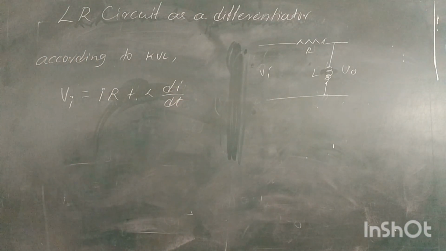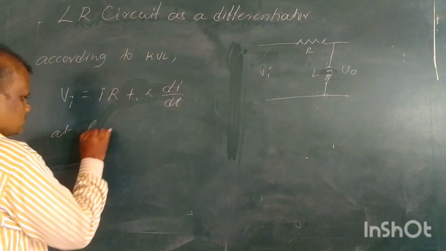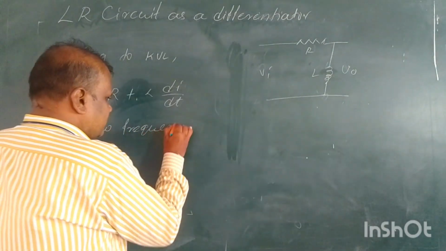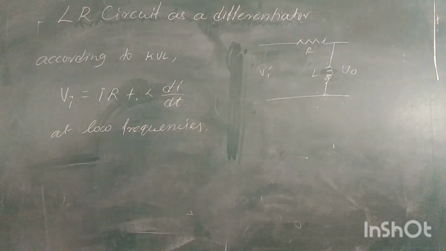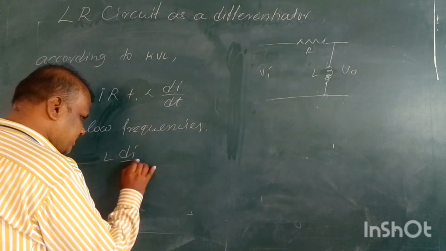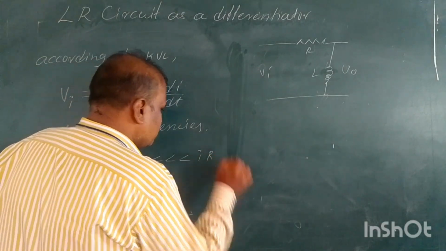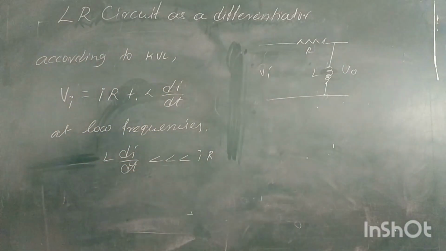Now I am going to write this equation for low frequencies. At low frequencies, when the signal frequencies are very low, the voltage drop across the inductor can be neglected because it is very small compared to the voltage drop across the resistor. That is, L di by dt is very much less than IR.